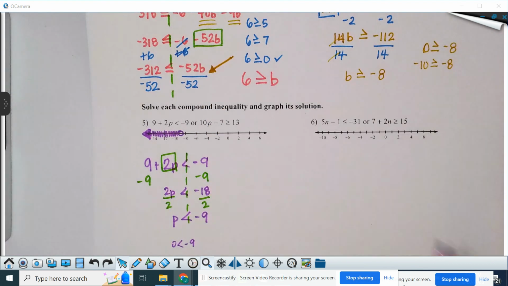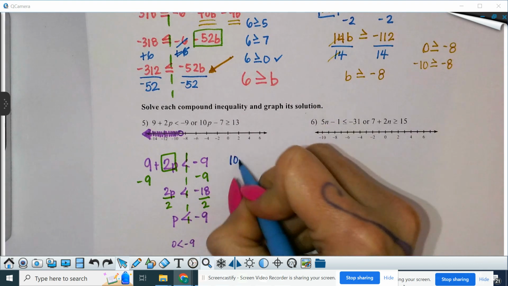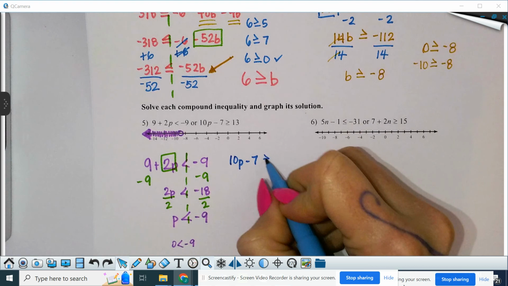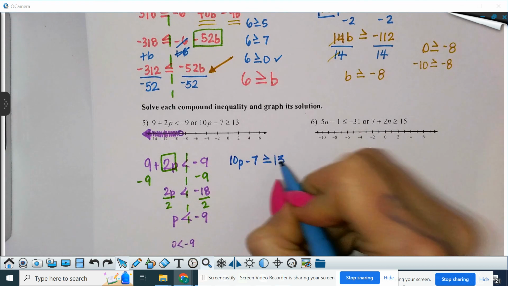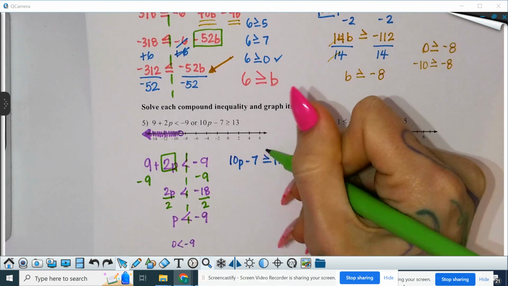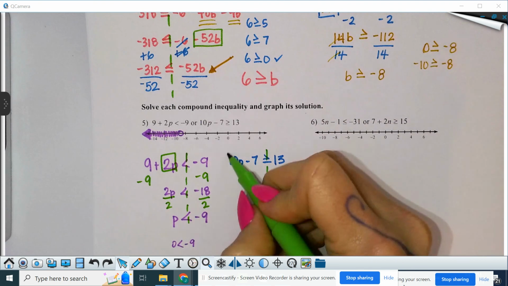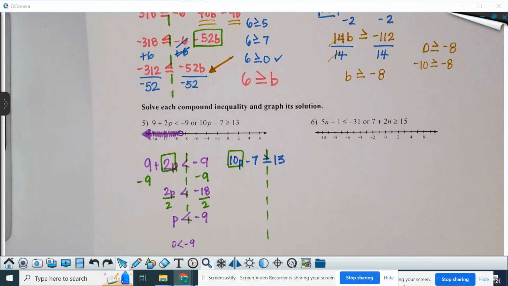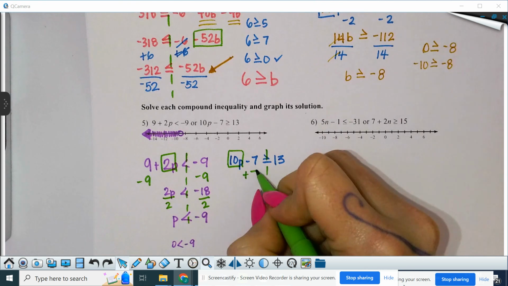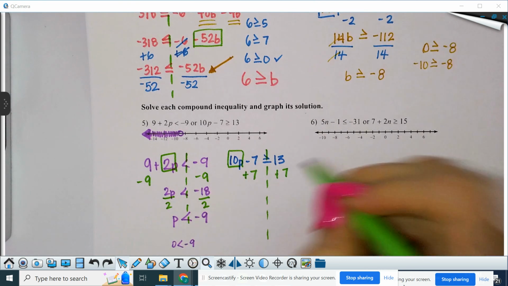And then we're going to look at our second equation. 10p minus 7 is greater than or equal to 13. We have minus 7, so to undo the minus, we're going to add 7 to both sides.